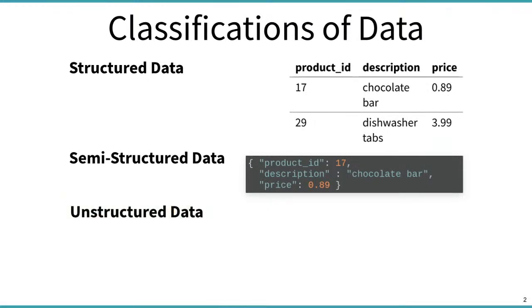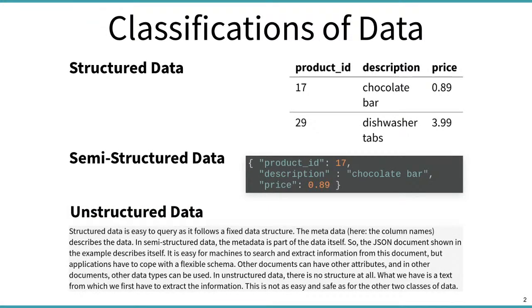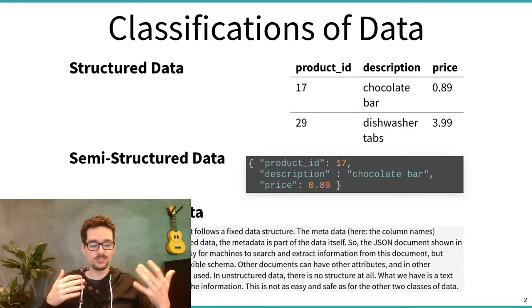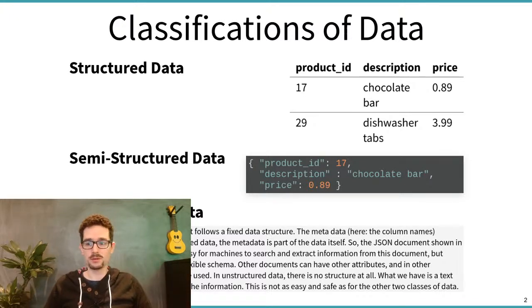And to complete this picture, there's also unstructured data. Unstructured data is becoming very popular in the social web, the social networks and so on. So data that is generated by people in social networks, for example, Twitter. This is text. Text is written by people.